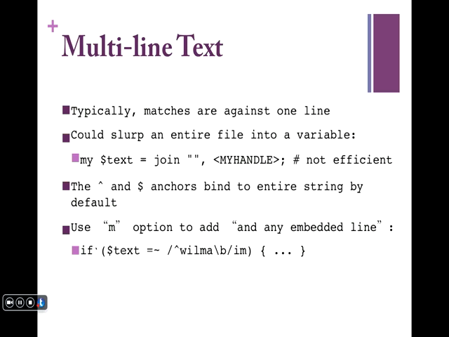Multi-line text. Okay, what else? We can actually work on a long text, and it's not efficient, but we can save it in a string. Here I am using the function join to get the information from a complete text file, named my handle.